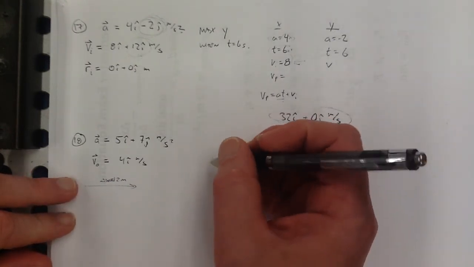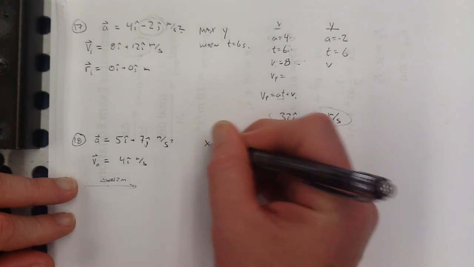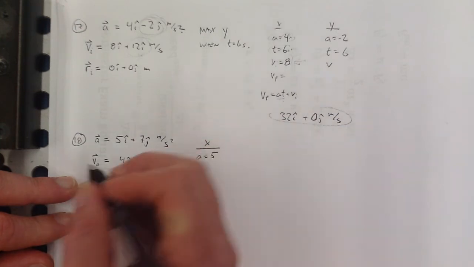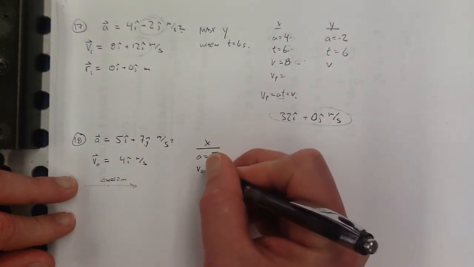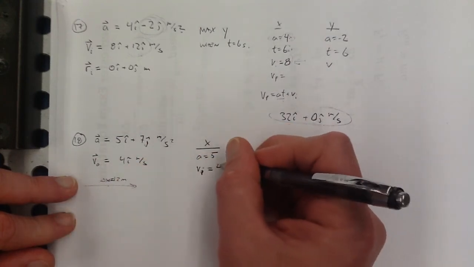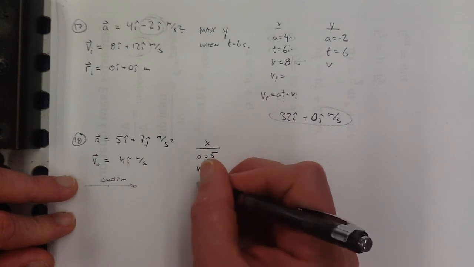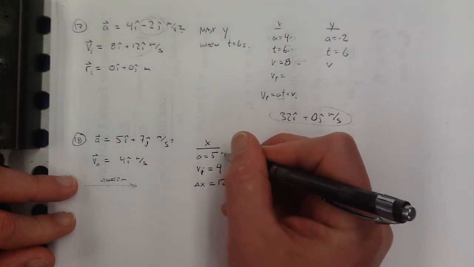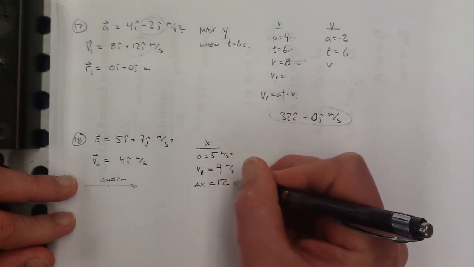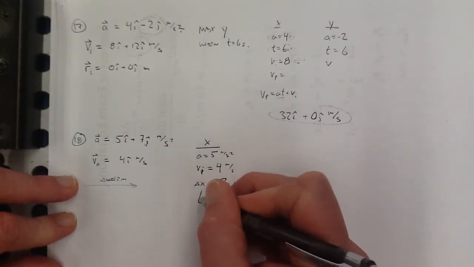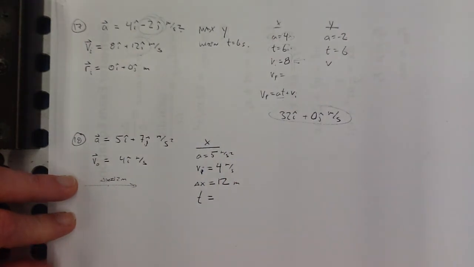So let's go ahead and in the horizontal direction, its acceleration is 5, and its initial velocity, call that VI here, is 4, that is in the i direction, and delta x is 12, and we're going to need to know when that happens, right?